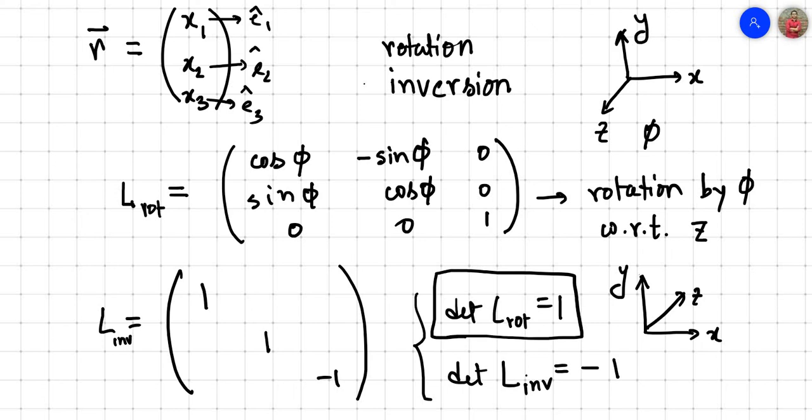However, if we get the determinant minus 1, then that does not involve rotation. This is actually, as the nomenclature says, a discrete coordinate transformation, whereas rotation is said to be a continuous coordinate transformation.